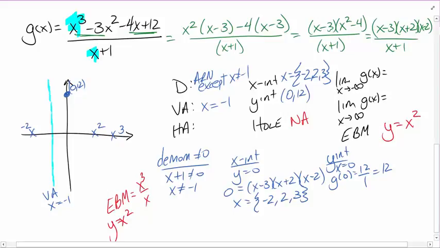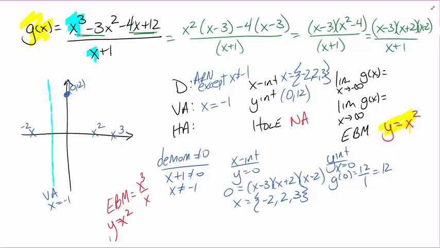What we're saying there is that our function g of x and x squared, the further out we get, the more and more alike they're going to be. They're not exactly the same, but they're going to become very, very similar.